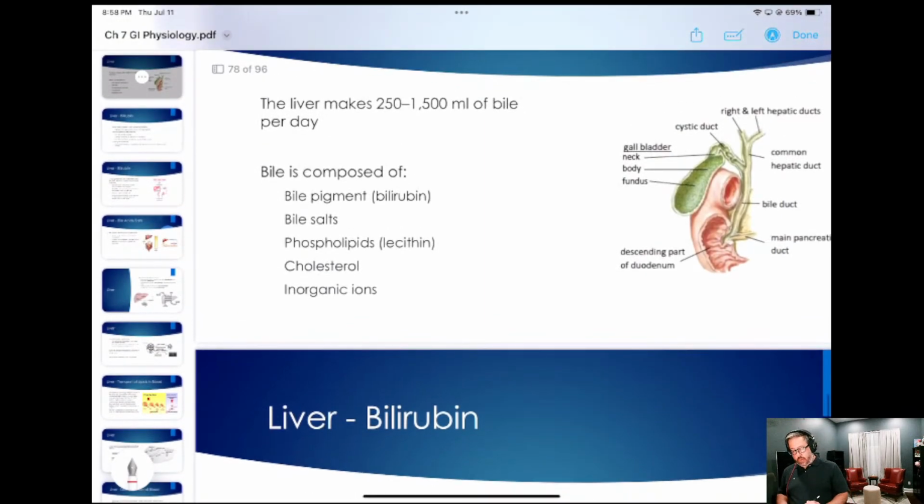The big ones are bile salts, lecithin, bilirubin. I mean, they're all there. Cholesterol. Those are the big ones as far as what you've got to know is in the bile.